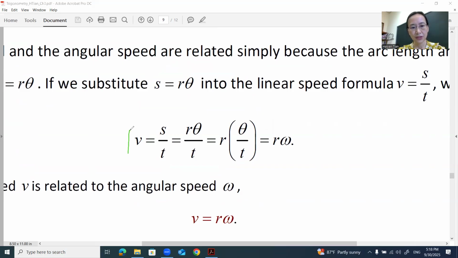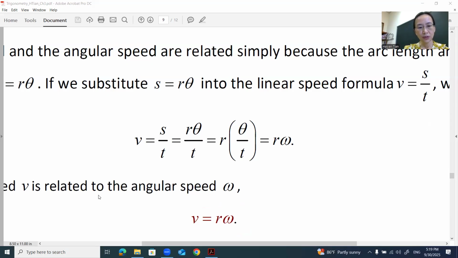This is the linear speed, and if we replace the arc length S, this S is the same as radius times theta in radians. And then immediately we recognize this is omega. So r times omega is equal to V. Linear speed is angular speed times radius.